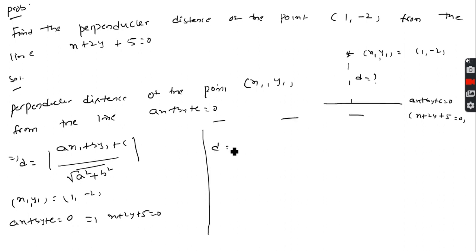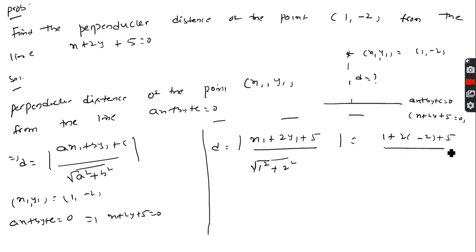So the distance equals |1·x1 + 2y1 + 5| divided by the square root of the coefficient of x, 1, squared plus 2 squared. We substitute the x1, y1 values: 1 + 2 times the y1 value, -2, plus 5, all divided by root 5.